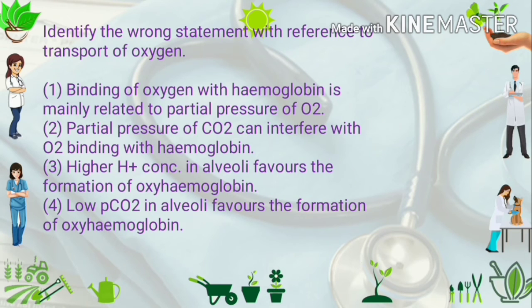Identify the wrong statement with reference to transport of oxygen. Binding of oxygen with hemoglobin is mainly related to partial pressure of oxygen. Partial pressure of carbon dioxide can interfere with oxygen binding with hemoglobin. Third, higher the hydrogen ion concentration in alveoli favors the formation of oxyhemoglobin.